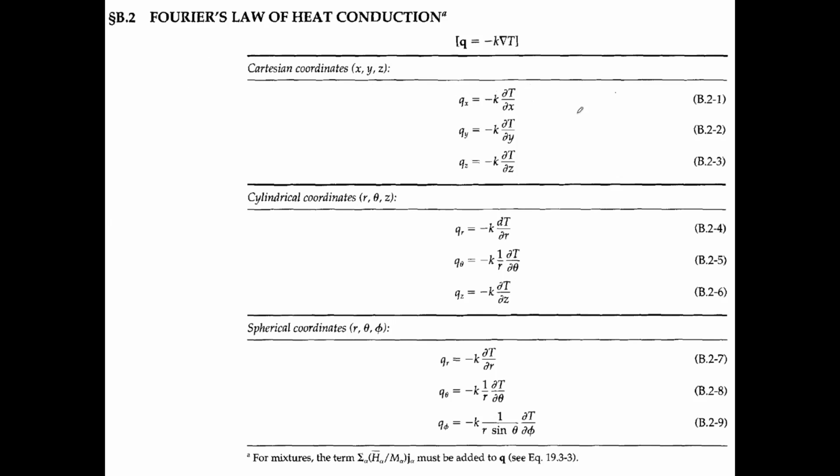So this is the heat flux, and with that you can also refer to cylindrical coordinates. This is q_r equal to minus k dou T dou r, this is q theta, and also q_z. Okay, and then the last one for spherical coordinates, you can get q_r, q theta, and q phi for this one.